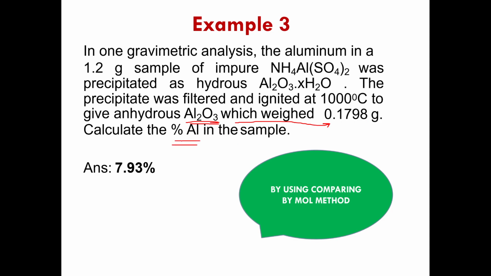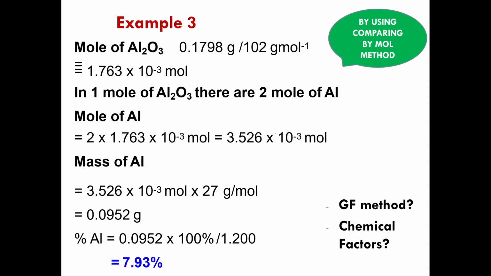So calculate the percentage of Al. This means calculate the percentage of analyte in the sample. What is the mass of sample? The mass of sample is 1.2 gram. First, we need to know how many moles of the precipitate.